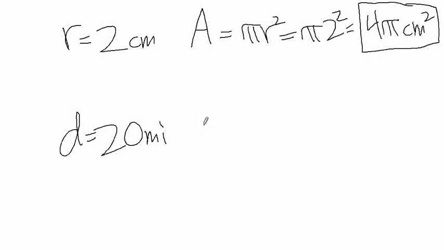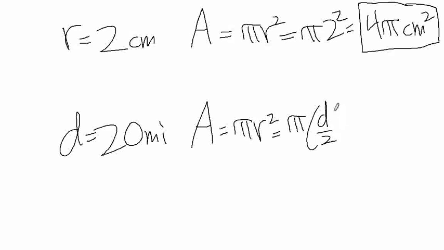Well, I'll use the same formula, area equals pi r squared, and the radius is half the diameter. I want to square d over 2 if d is the diameter. So that'll give pi times 10 squared, or 100 pi square miles.